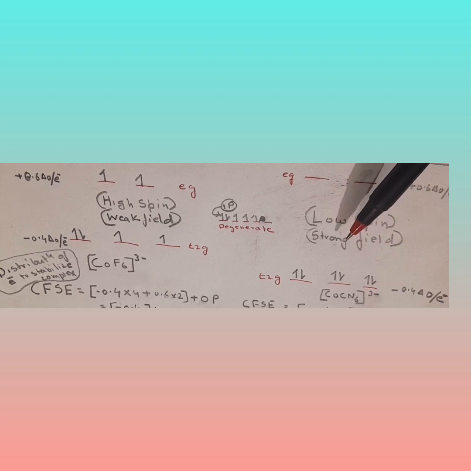Since this energy delta O is too much, pairing is preferred over unpairing. So here unpairing is preferred, and here pairing is preferred only because delta O is very high in comparison to pairing energy. Alright, so this is how it happens.